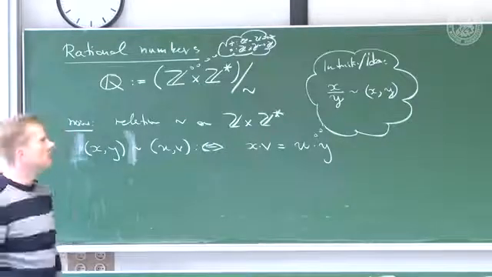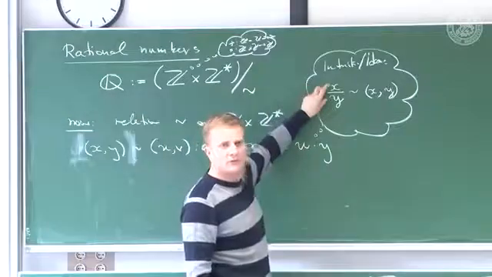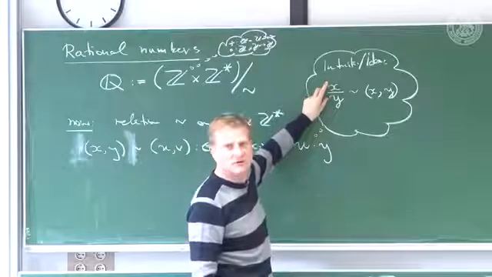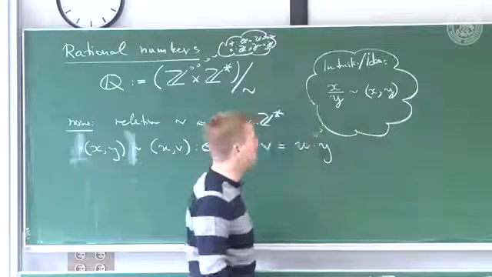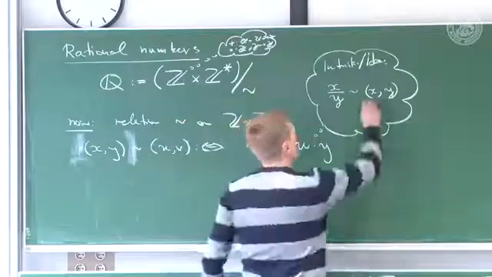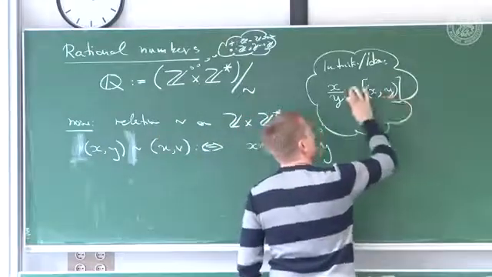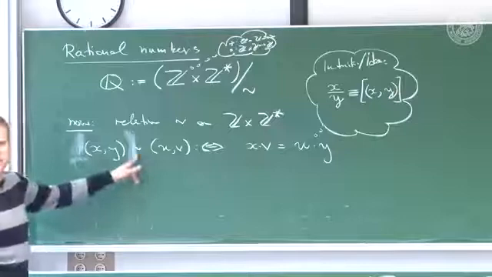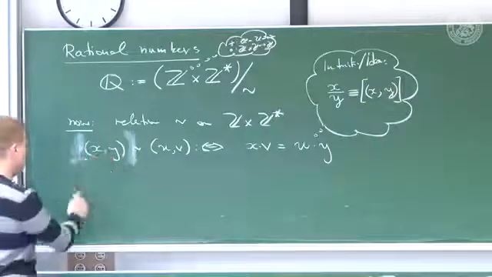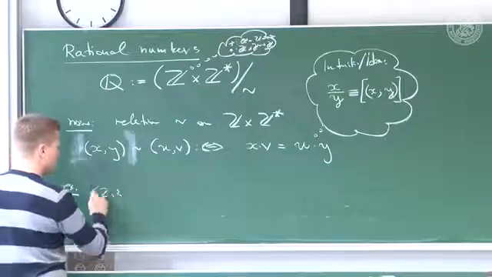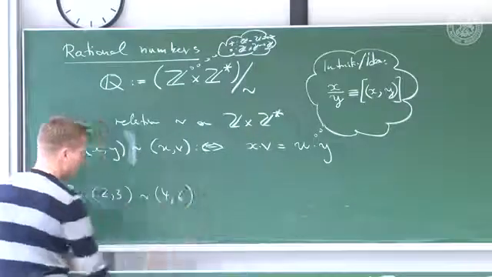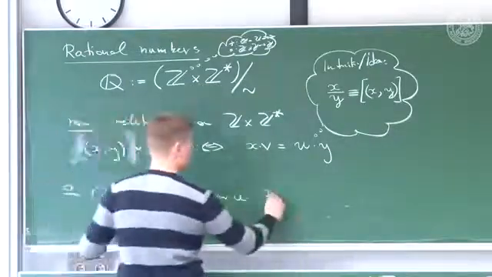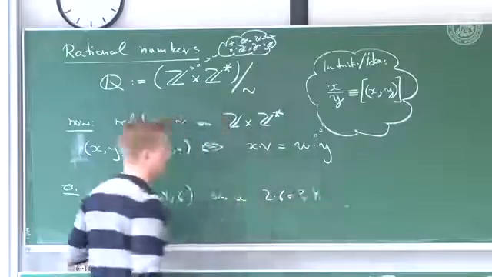But wait, that's not quite true, because the fraction 2 over 3 is the same as the fraction 4 over 6, because you can cancel common factors. So it's supposed to be not the pair, but it's supposed to be identified with the equivalence class of x, y with respect to this. Because obviously, for example, the fraction 2/3 is the same as the fraction 4/6, since 2 times 6 equals 3 times 4.